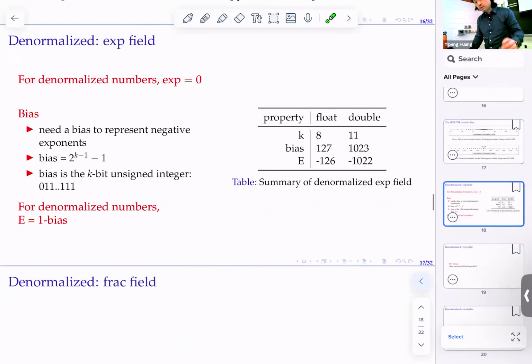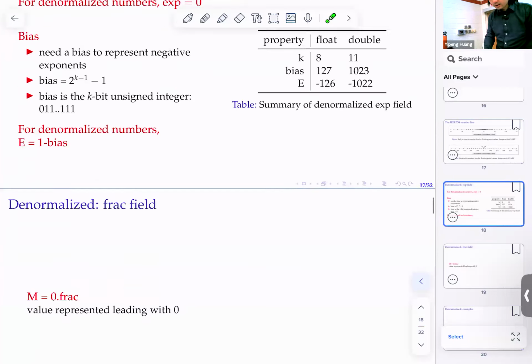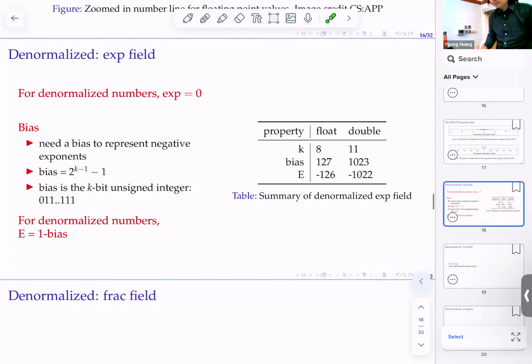For subnormal and denormalized numbers, they follow a slightly changed set of rules to get nice properties. The rules that change are the way that the exponent is encoded and also the mantissa. Both of them are encoded in a different way.